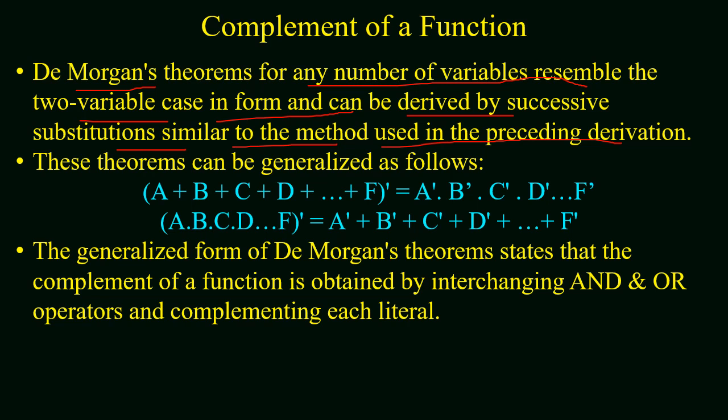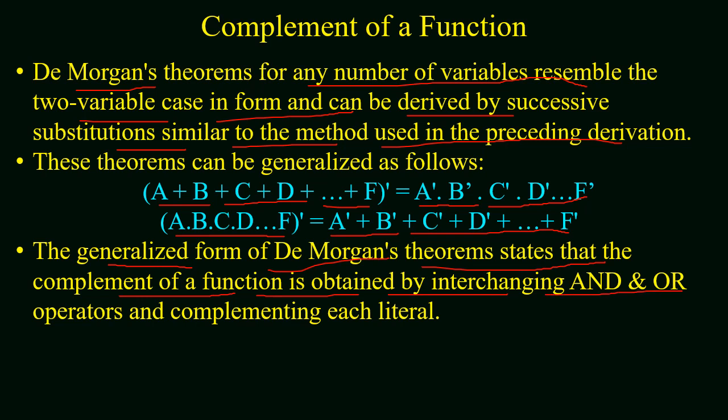The complement of the sum of variables from a to f will be equal to the product of the complement of each variable, whereas the complement of the product of variables from a to f will be equal to the sum of the complement of each variable from a to f. Or we can say that the generalized form of De Morgan's theorem states that the complement of a function is obtained by interchanging the logical operators and or, and complementing each literal of the function.